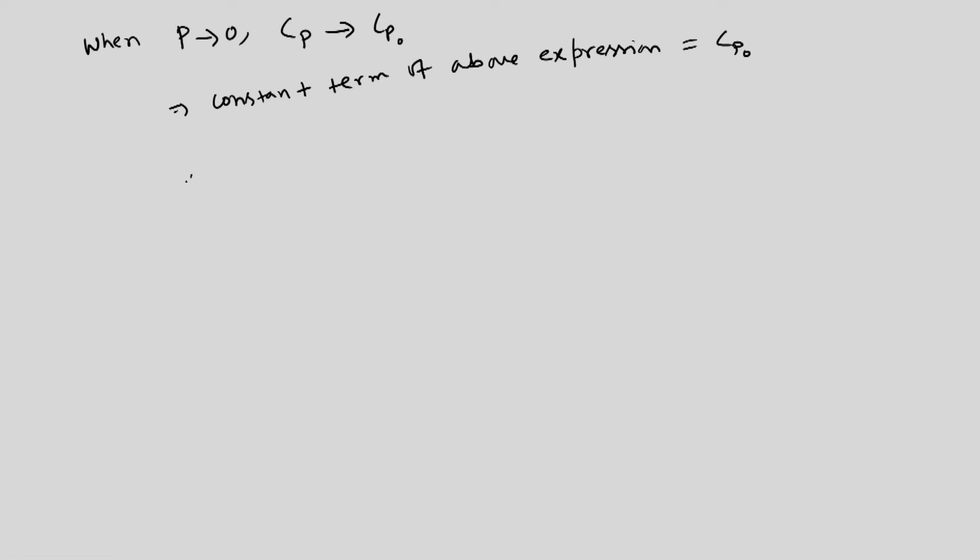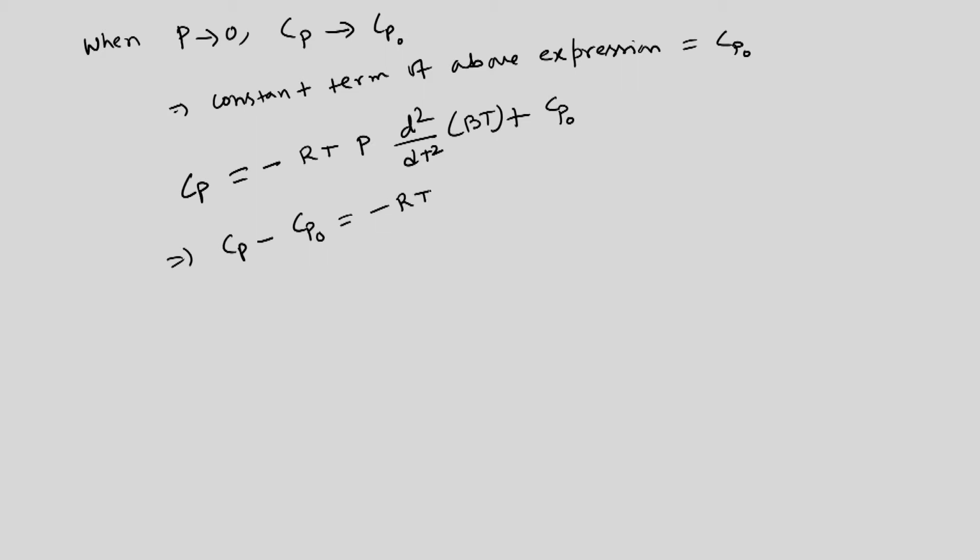So we get Cp is minus RT P d2 by dT2 times Bt plus Cp naught. So Cp minus Cp naught equals minus RT P d2 by dT2 times Bt.